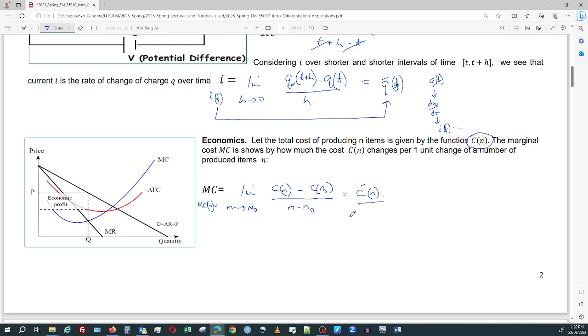So these relationships exist: displacement, velocity, charge, current, cost, marginal cost. These relationships exist as a result of differentials.